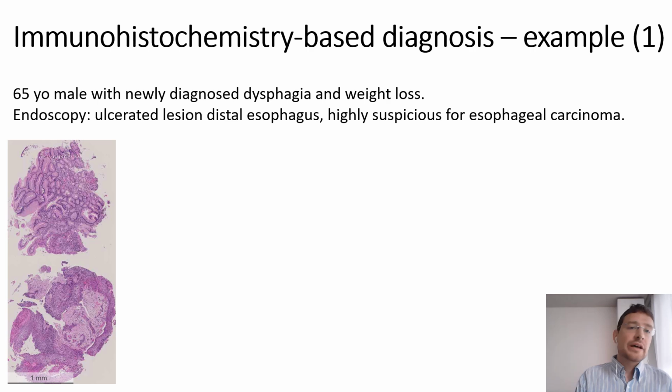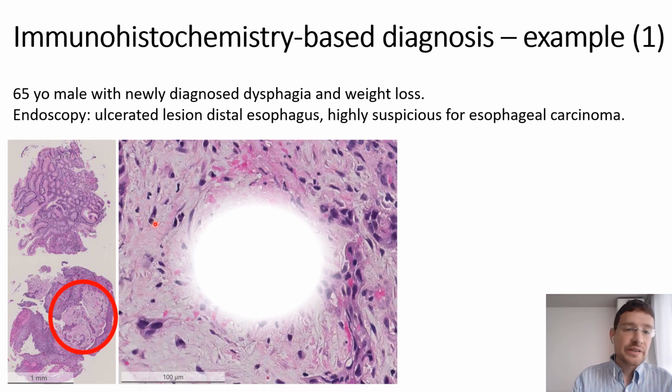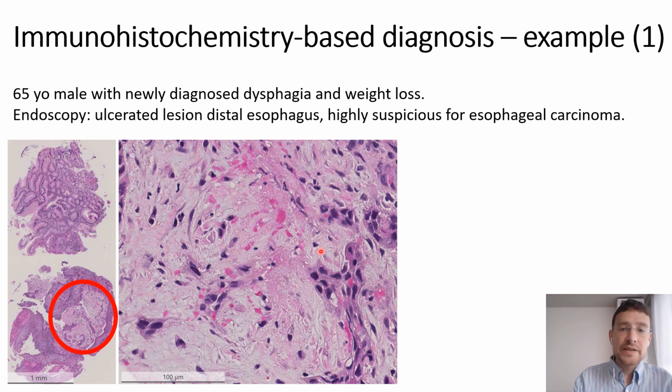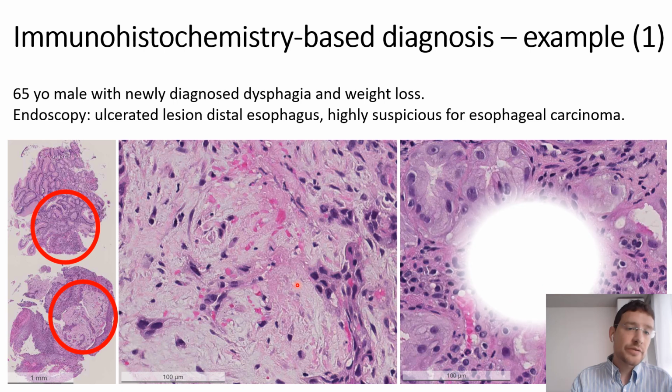We have here a case of a patient with dysphagia and weight loss. In endoscopy, they found a lesion in the distal esophagus, which was suspicious for esophageal carcinoma. Those are the two biopsies that we got, and we can see in this part a desmoplastic stroma with typical cells with squamous differentiation, consistent with squamous cell carcinoma. So you may think we have the diagnosis, but you also have to look carefully at other parts of the biopsy.